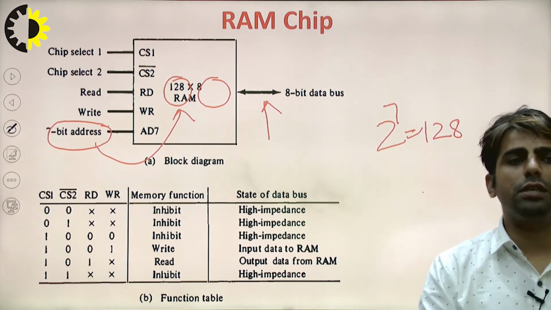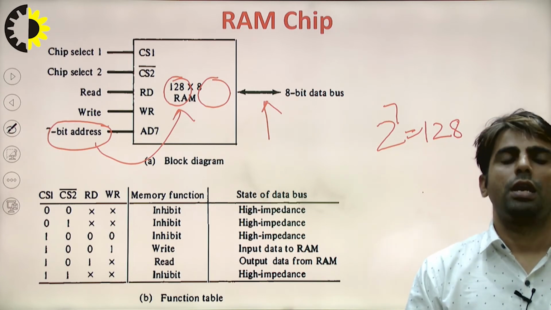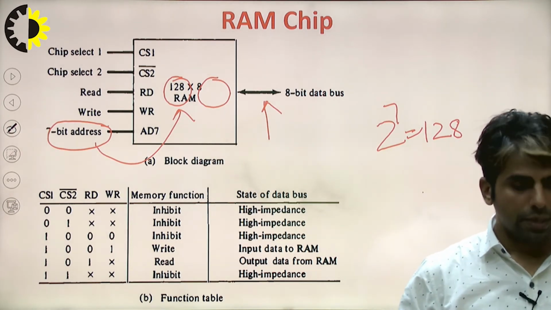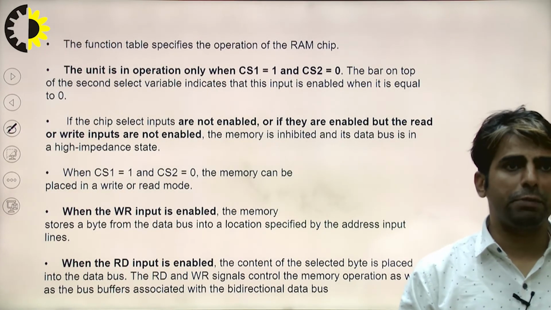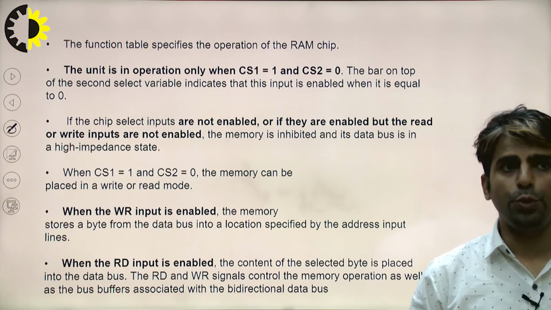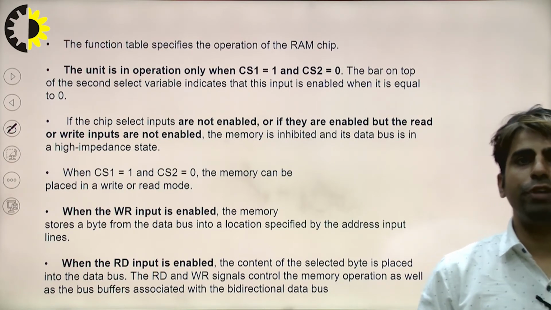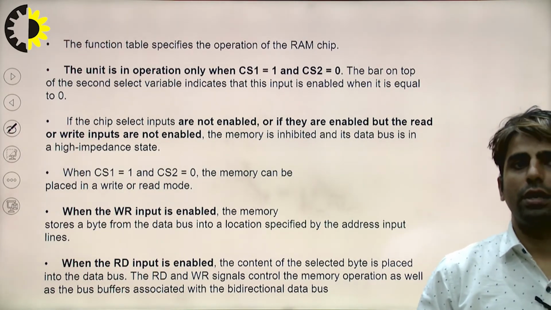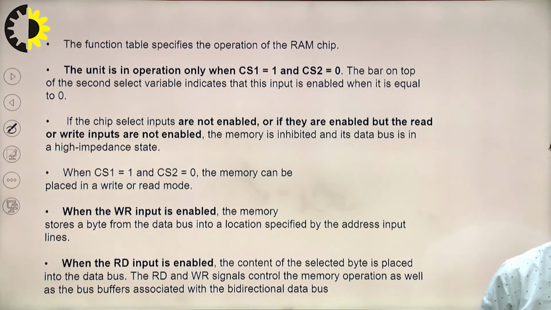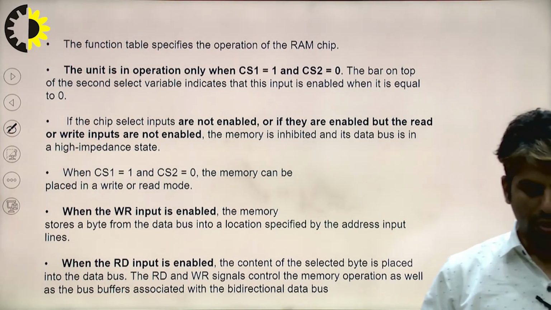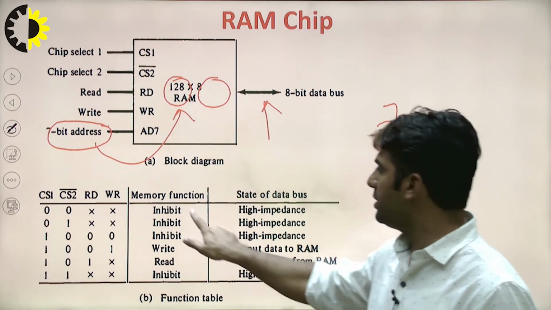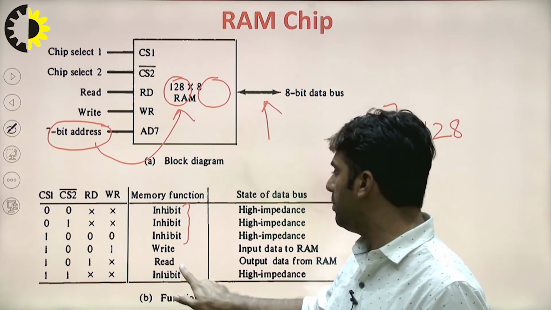Now we see the function table of this chip. The function table specifies the operation of this RAM chip. The unit is in operation when CS1 equals 1 and CS2 equals 0, as we can see from here; otherwise it is in the inhibit state.